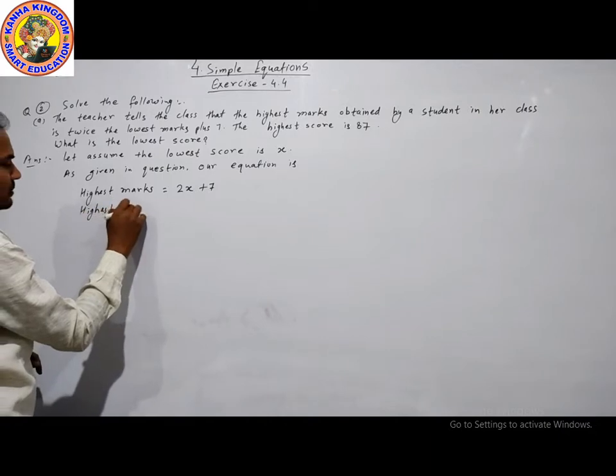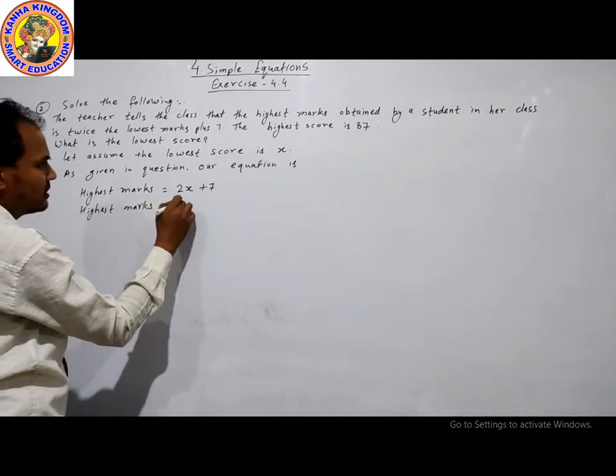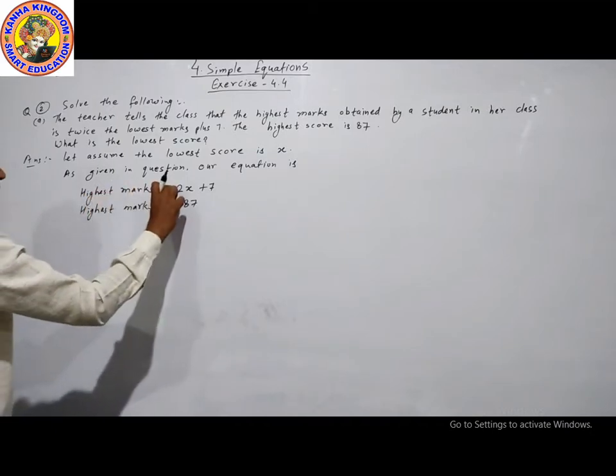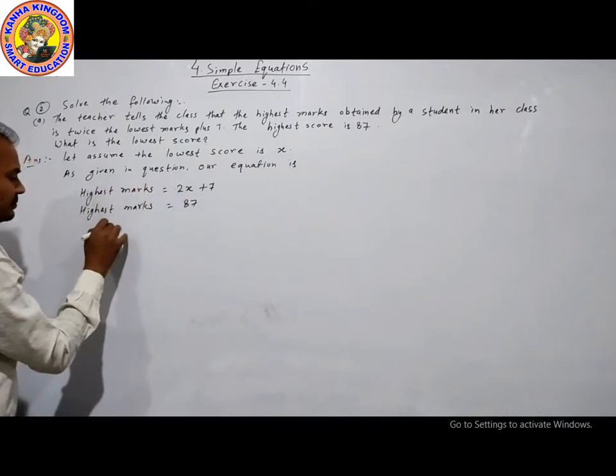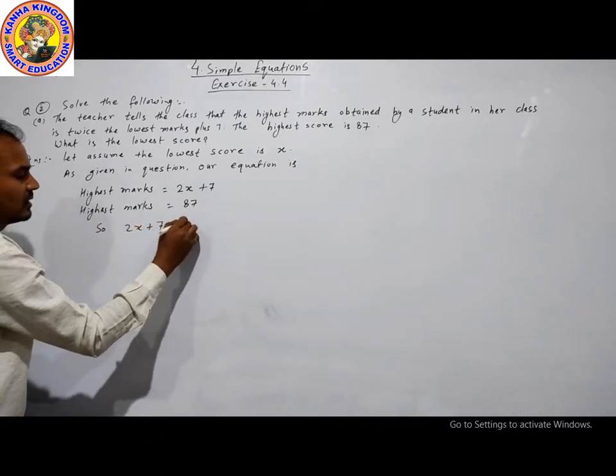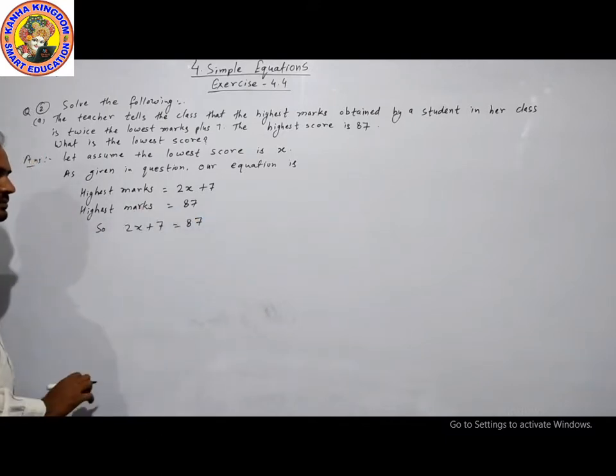Both are the same, so 2x plus 7 is equal to 87.